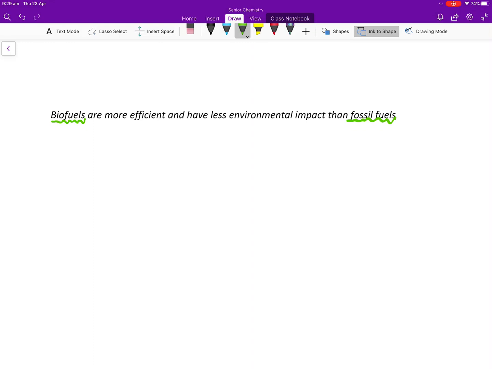So looking at this, biofuels are more efficient and have less environmental impact than fossil fuels. So we're going to assess biofuels and fossil fuels based on their efficiency and their environmental impact. Now, efficiency and environmental impact can mean many different things, okay?